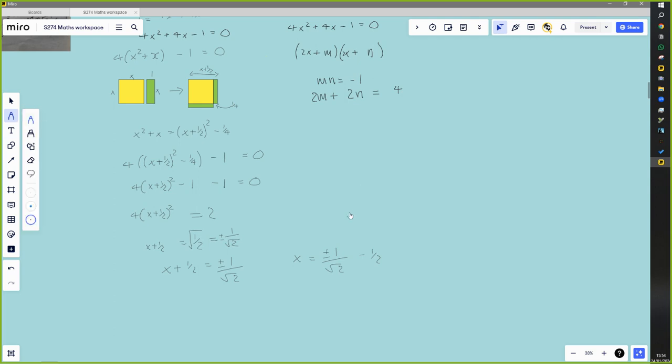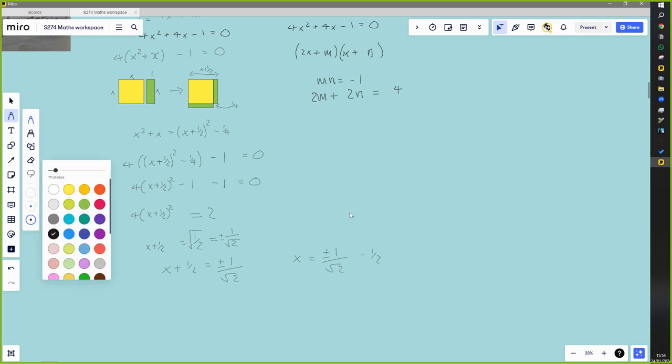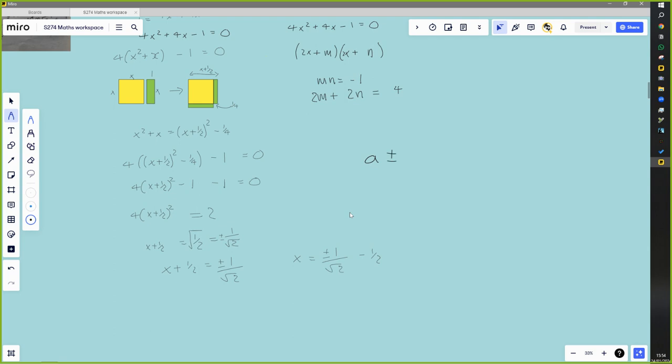A plus or minus b root 2. We need to rationalize this denominator. So first of all, a is going to be negative a half, I believe. I'll do this separately over here.